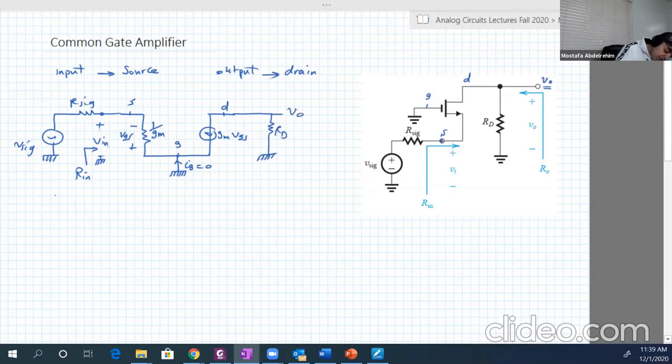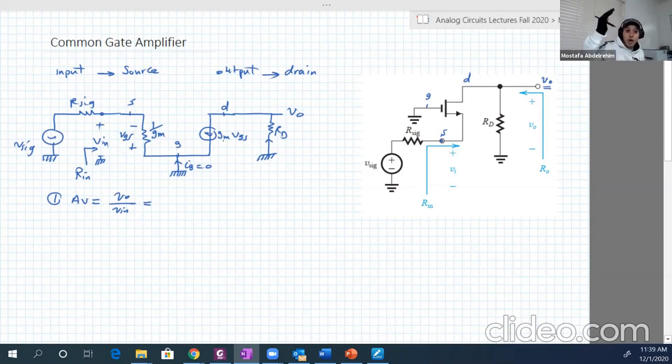Okay, let's determine Av first. So Av is equal to Vo over V input. Vo is the current through RD, which is gm VGS. And remember, this current is flowing from bottom to up, so it's an opposite polarity with Vo. So it's minus gm VGS RD over V input.